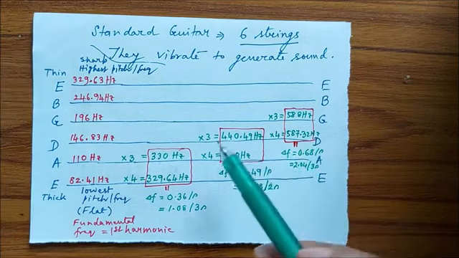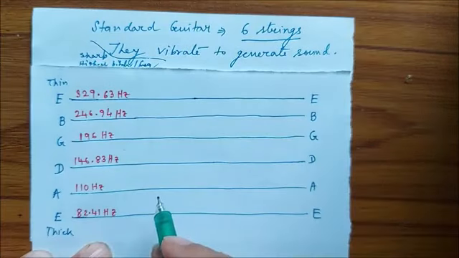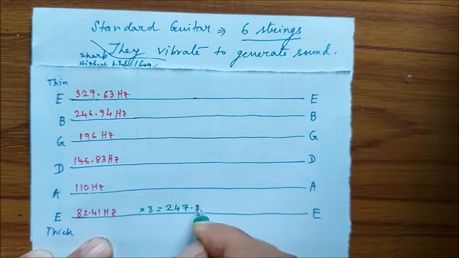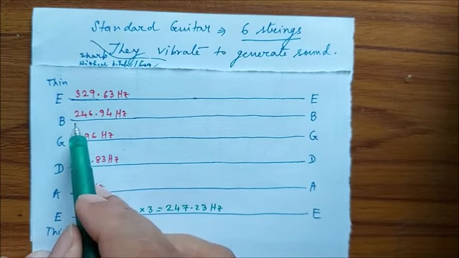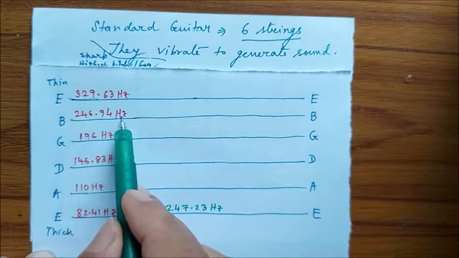It is now the turn of the strings B and E to be tuned. Let us consider the third harmonic of E. So multiplying with 3 gives us 247.23 Hz, which is very close to the frequency of B, which is 246.94 Hz.